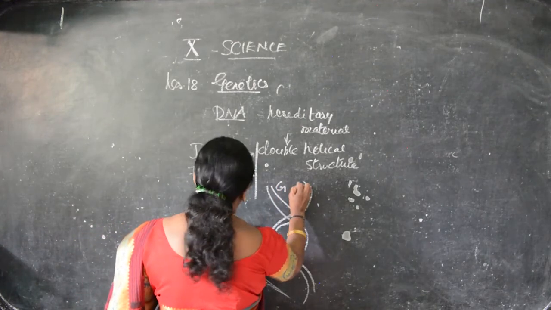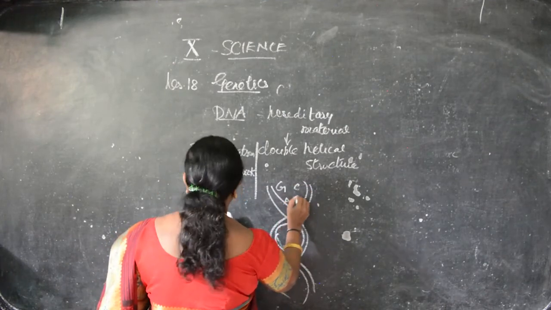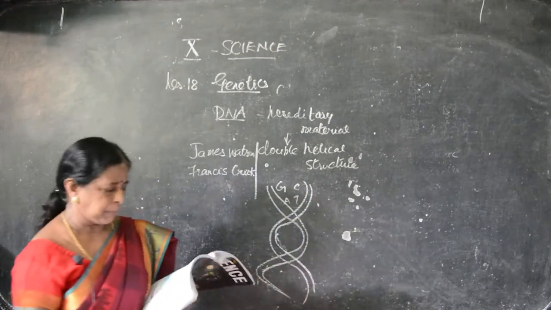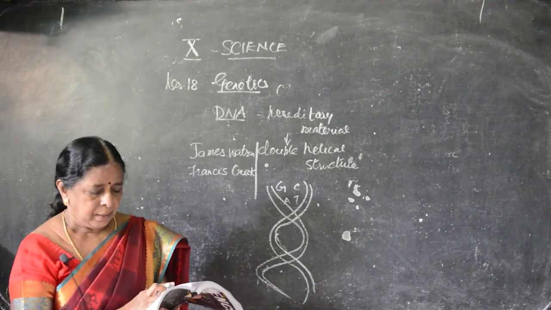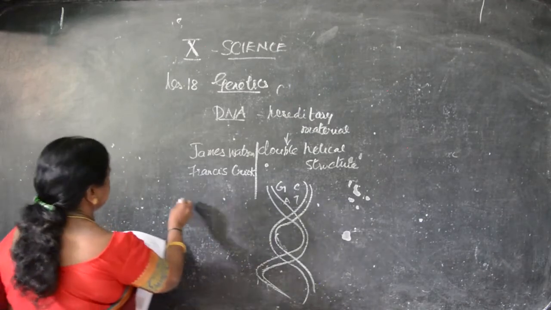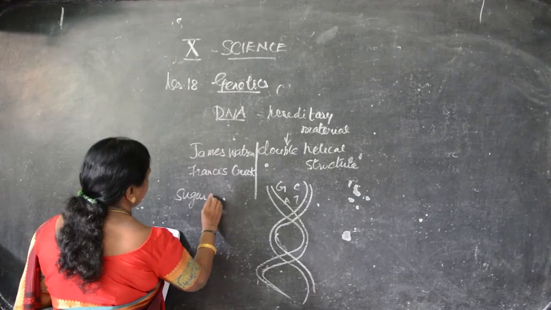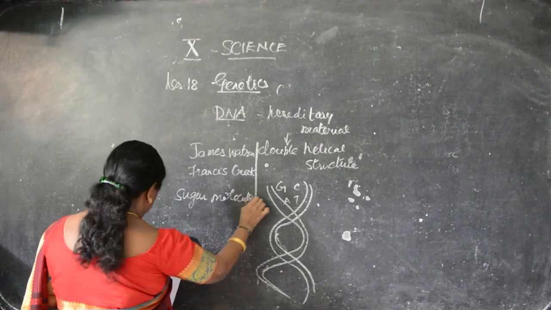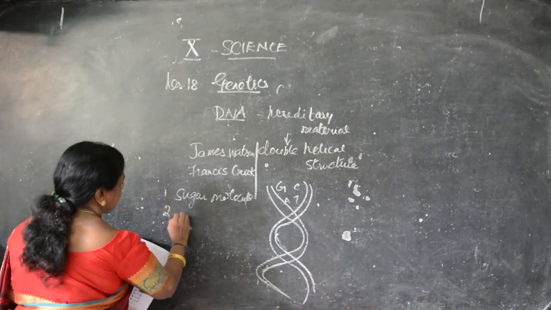Guanine, cytosine, adenine, thymine, like that. So what are the components of DNA? It contains sugar molecules. What sugar? Deoxyribose sugar molecule. And then nitrogenous base.